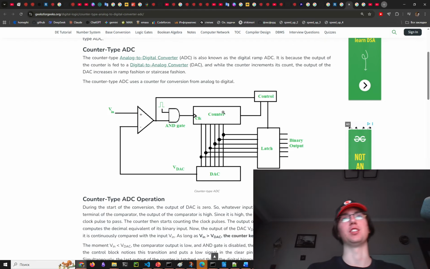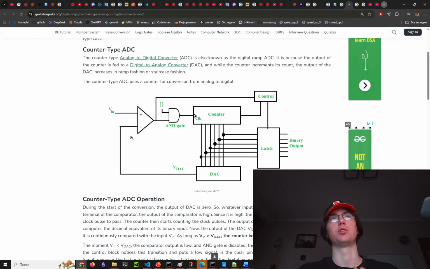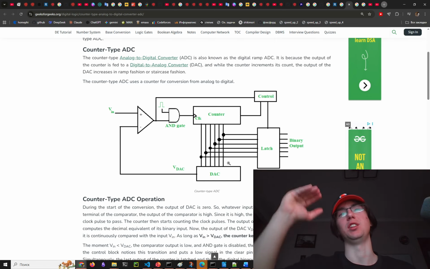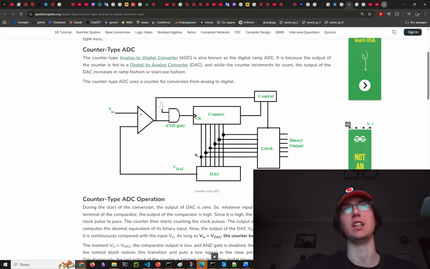Initially it is just zero, plain zero, so it outputs a zero here. The comparator goes either high voltage or low voltage. If this voltage is more than this, it'll output 1. If it's less, it will output 0. So initially it will output 1, the counter will count, and then we'll get some increment in voltage in VDAC.